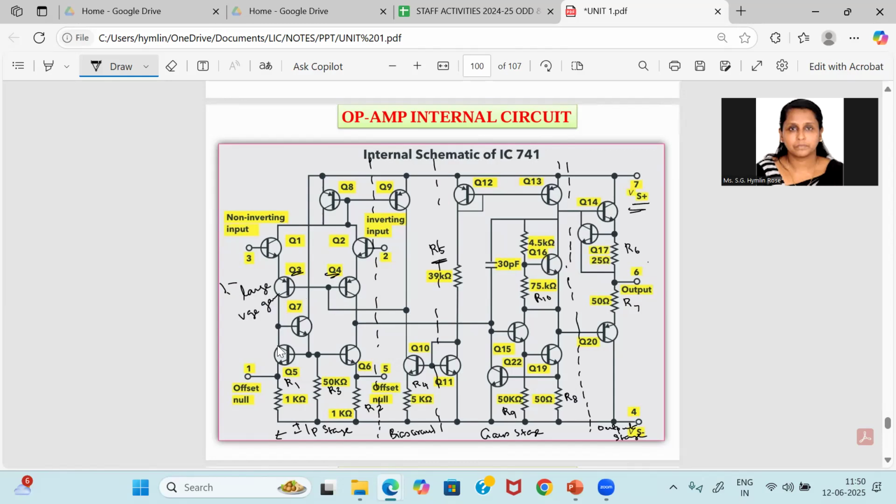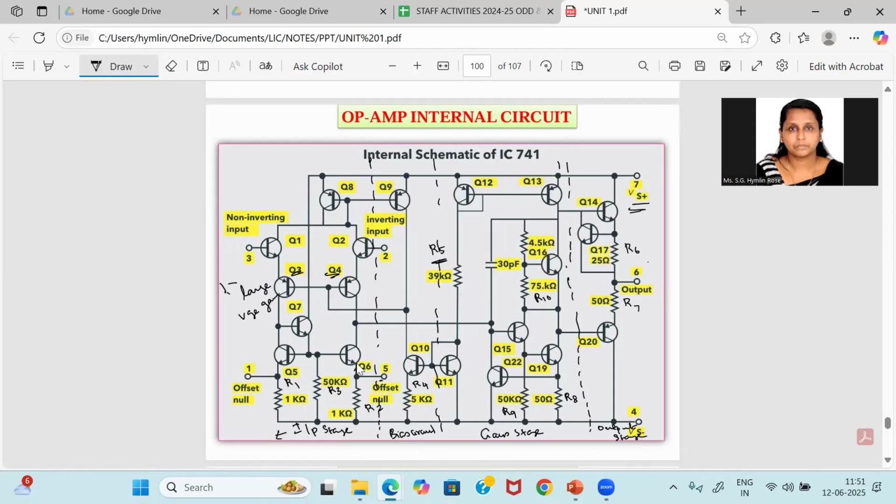The transistors Q5, Q6, and Q7, along with the resistors R1, R2, R3, form the active load for the input stage. The single-ended output is available at the collector of Q6.